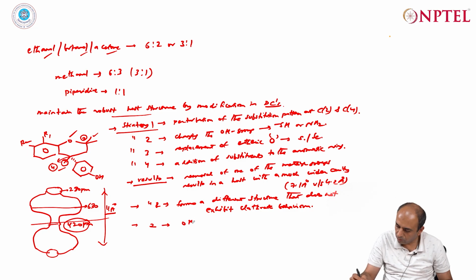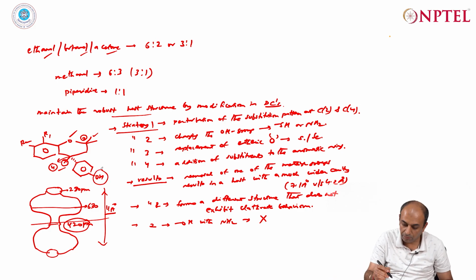OH with NH2, then again the clathrate property is lost. So, this OH is very much important to form the hexa host. If you replace it with NH2, again there is loss in clathrate property.